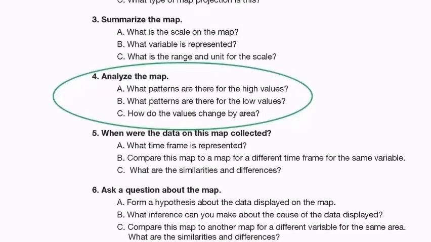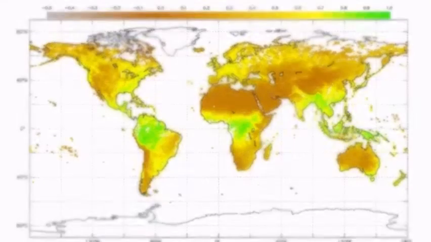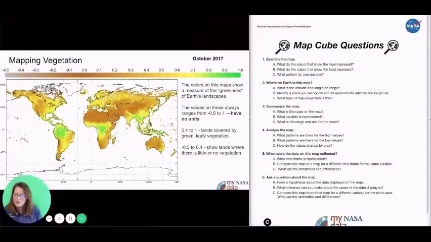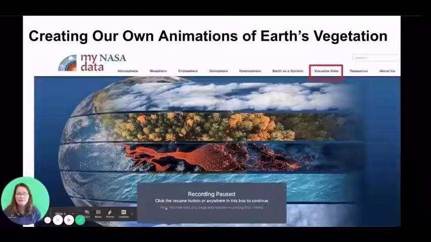How do the values change by area? It certainly seems that the northern hemisphere has more of the data values on the lower side, whereas the southern hemisphere has more of the green leafy vegetation. With more time, we could repeat this process and go even further in our data analysis.